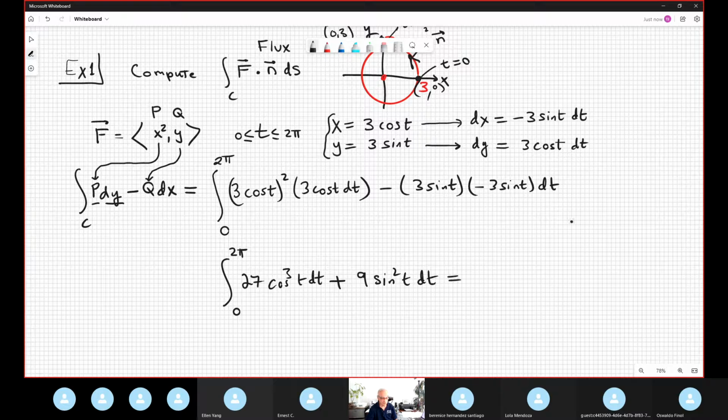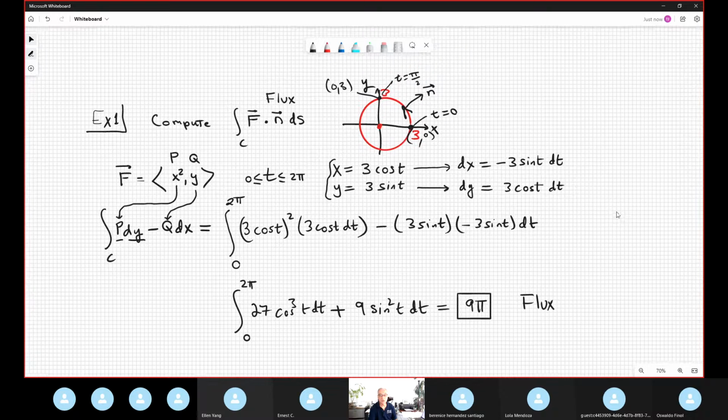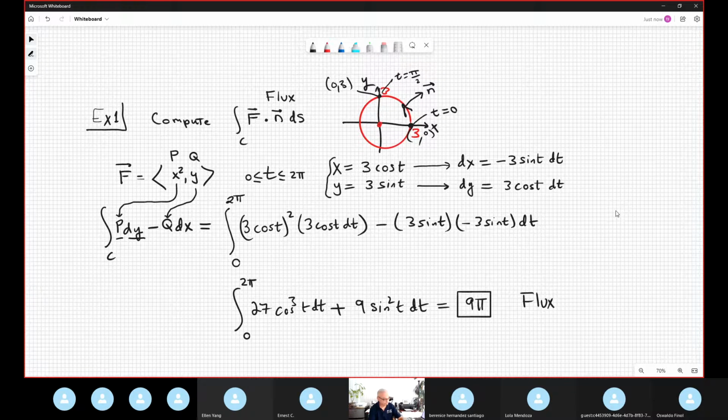As always, I want to skip that part because it's long, no big deal, calculus 2. The answer is some number, and it represents the flux of this vector field across this given curve. Cool, guys? Do you understand or no? Super or no?